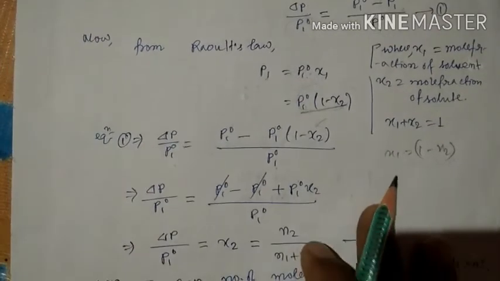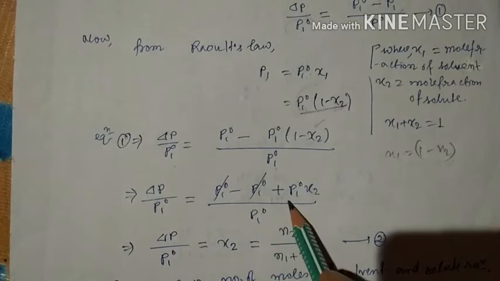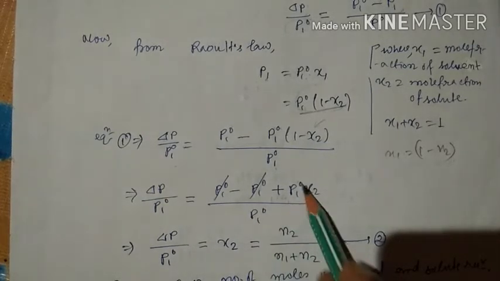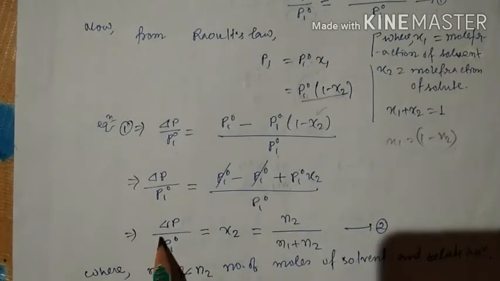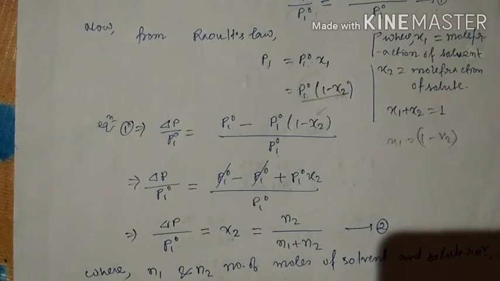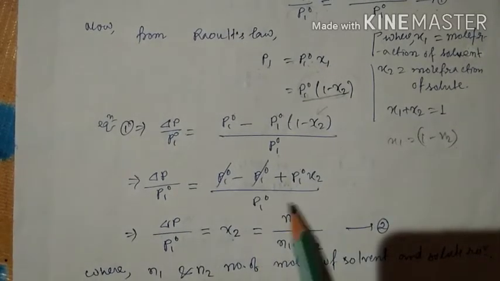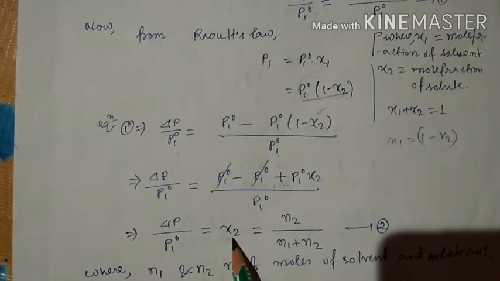In the second step I write directly del P by P1 0 equals xi2. That means the relative lowering of vapor pressure is directly related to the mole fraction of the solute.